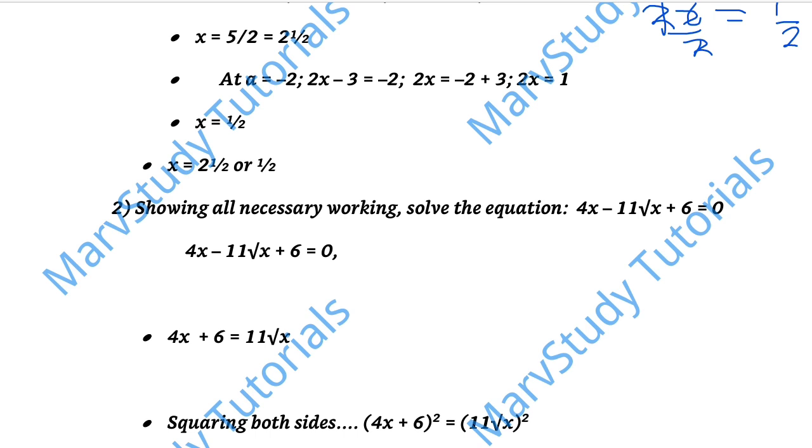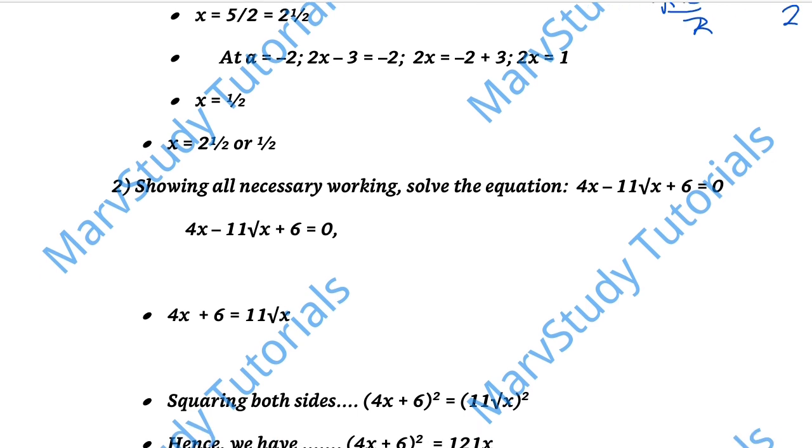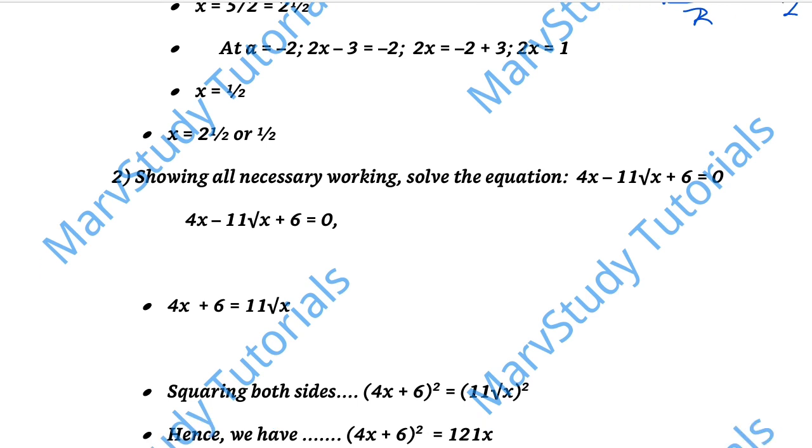So then we're now going to have (4x + 6) all squared equal to (11 root x) all squared. So we're going to have (4x + 6) all squared equal to 11 squared, which is 121, and then root x all squared is x. Root x times root x is x. So we're going to now solve this equation.